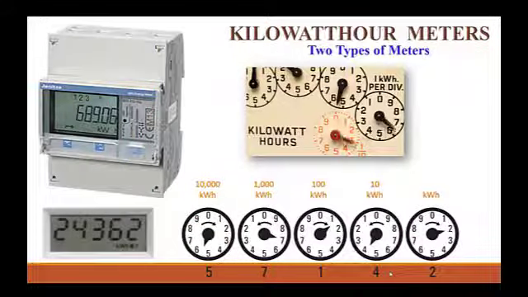Here I have a couple different types of meters. I have an analog and a digital, and reading the digital is pretty straightforward. You simply look at the display here. Reading the analog meter, note that alternating dials going across here also alternate in the direction of rotation, as you see here.